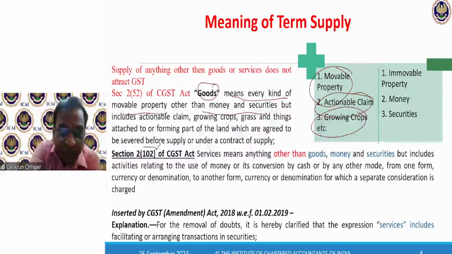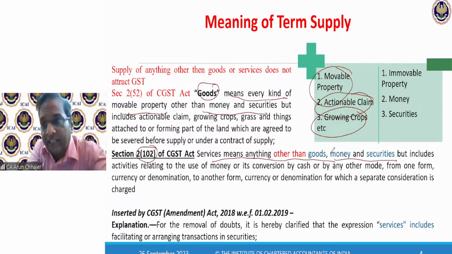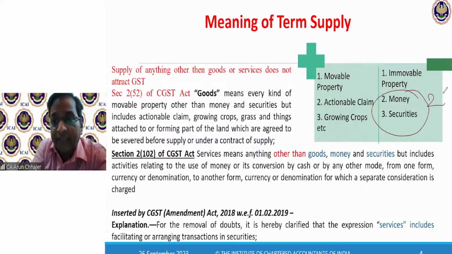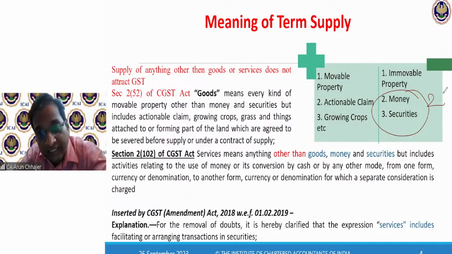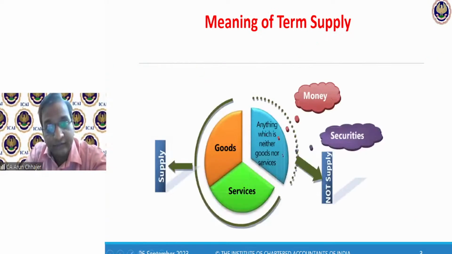Similarly, if you read the definition of services, it says services mean anything other than goods, money, and security. What can we conclude? We can conclude that money and securities are two common items which are neither goods nor services. Let me go back to the previous slide.